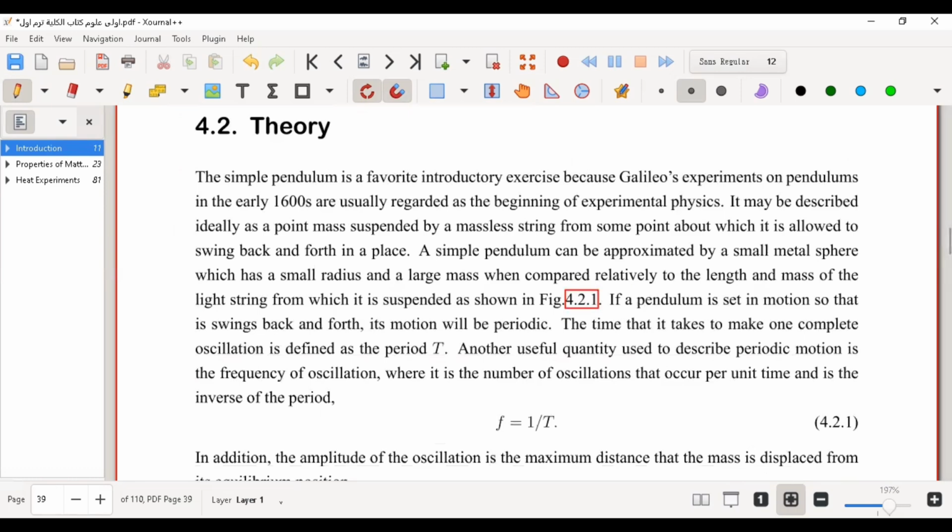So we need to know what is a pendulum. Now we need to know what is a simple pendulum. A simple pendulum consists of a string and a bob at the end of this string, suspended by this string.